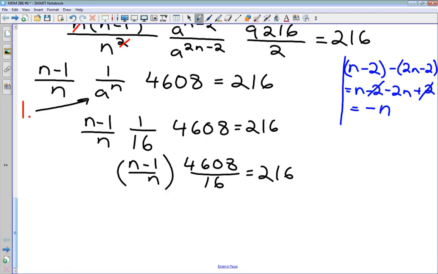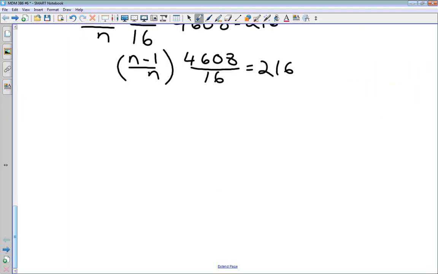When we do this division, we are going to get a fraction here. Okay, so, oh no, we don't get a fraction. It works out nice and easy. We get n minus 1 over n times 288 equals 216.